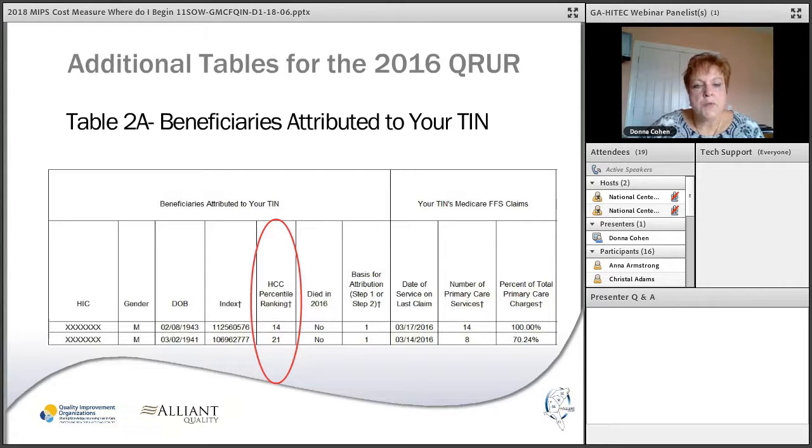It also, in this report, has the HCC percentile ranking, and this is a hierarchical condition coding percentile ranking. And this information comes directly from how clinicians are coding claims and making sure they're coding to the highest specificity possible.